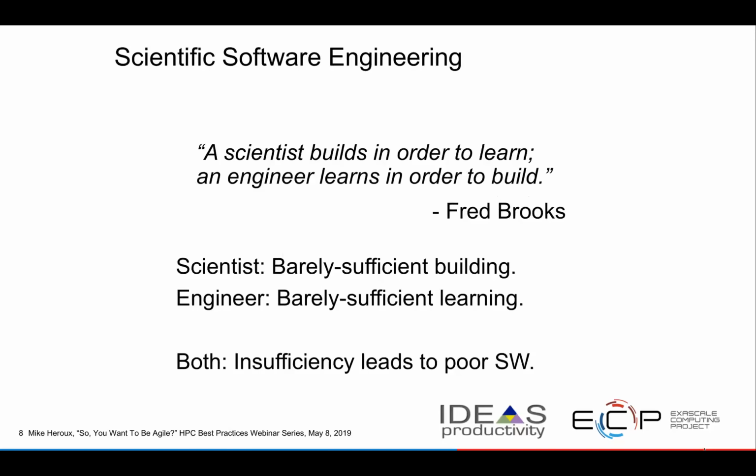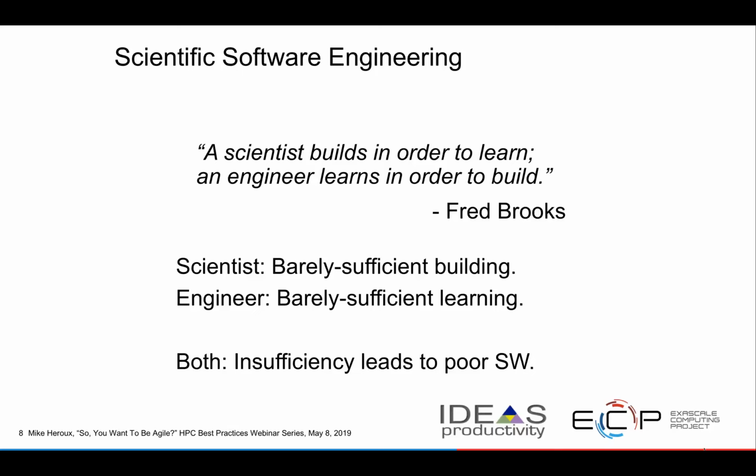Another thing I think that's worth keeping in mind is this quote from Fred Brooks, who, among other things, has written the book The Mythical Man-Month, a well-regarded software engineering expert. He says that a scientist builds in order to learn, an engineer learns in order to build. So basically a scientist doing software is doing barely sufficient building in most instances, because the real objective is a scientific result, to publish a paper, to get insight, to prepare for a meeting, those kinds of things.